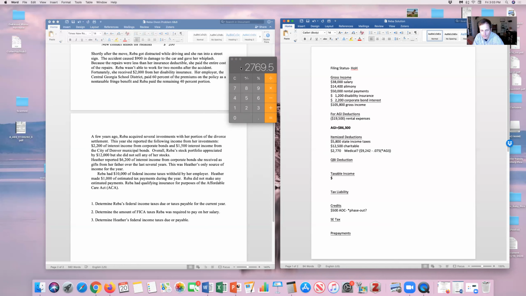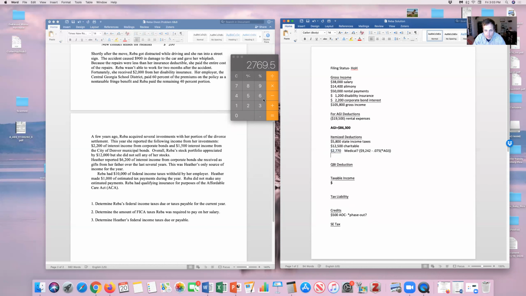And correct, okay. All right, so that's all of our itemized deductions. So those are going to add up to $21,070. Itemized deductions.